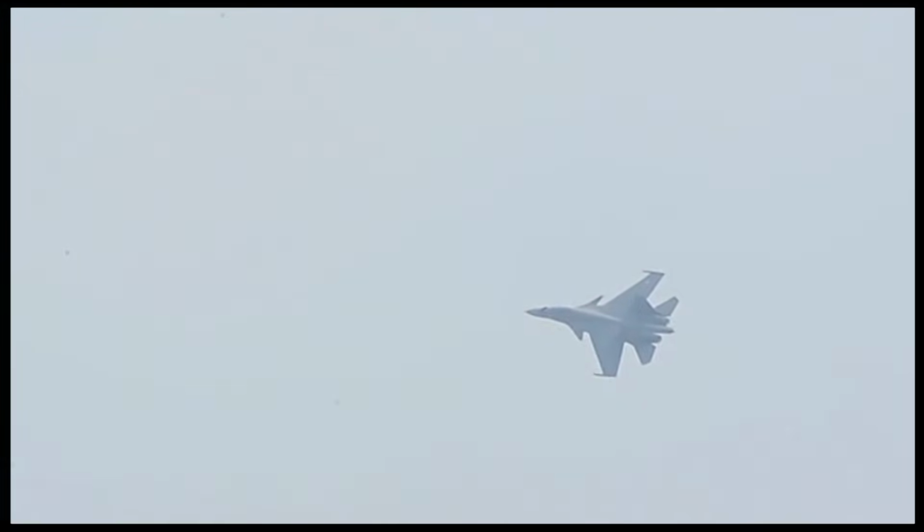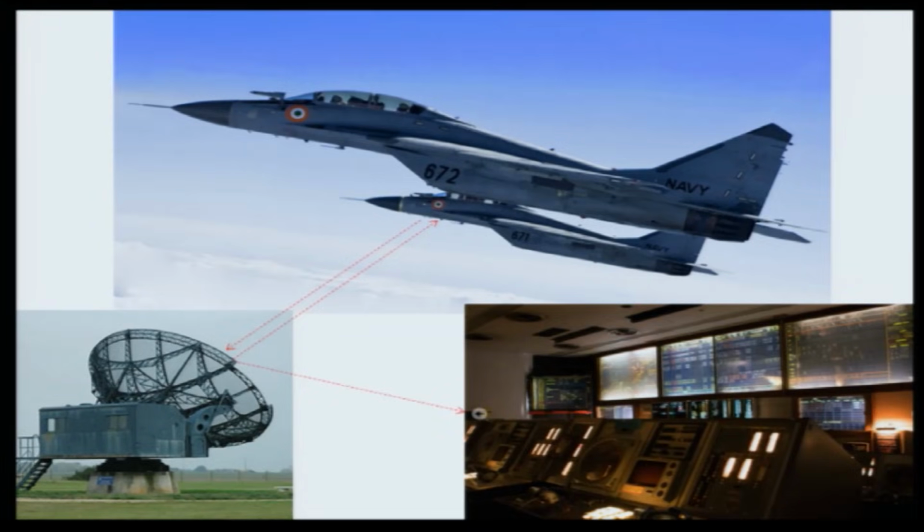Now, look at the screen. You see a fighter aircraft and the radar system, and the radar of course has to be sensitive enough to receive the signal back from the flight, and finally the signal has to be detected by a human being.